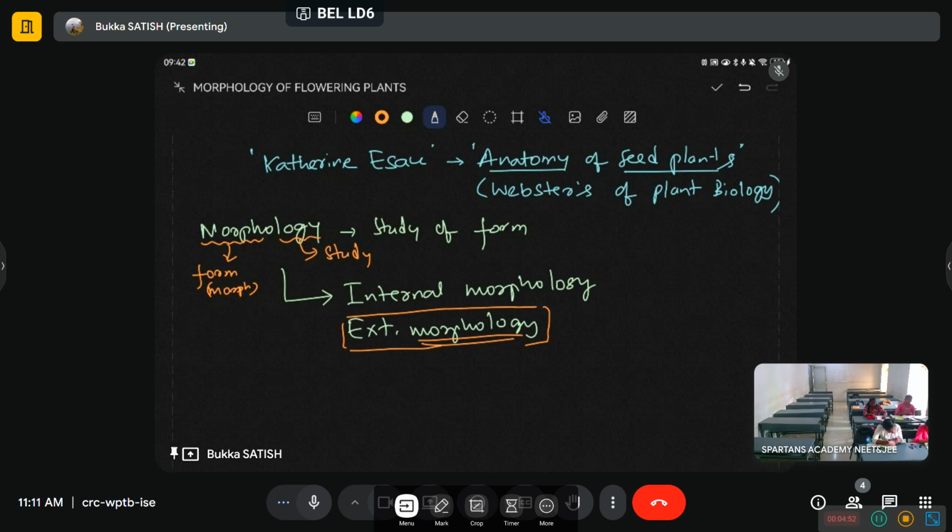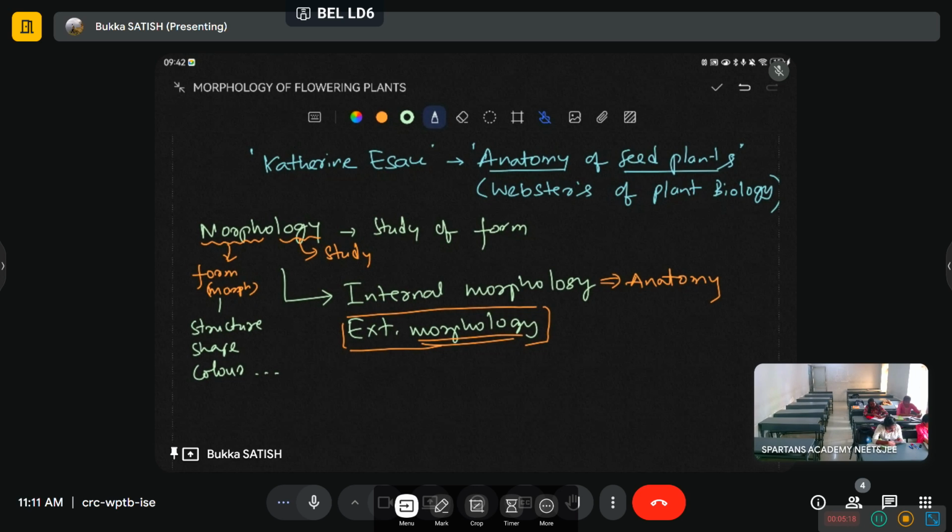But when you see internal morphology, we normally call it anatomy. So in the morphology and anatomy chapters, we are studying the form. And form refers to structure, shape, color. All these features together are what we call the form.